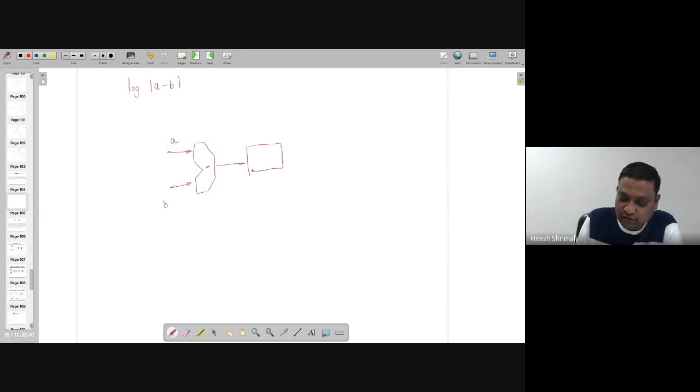Then I'm going to use a module that takes the modulus of whatever a minus b is coming, and afterward I'm going to take the log of whatever I got, and then there is an output which is log mod of a minus b. Note that when I'm doing this, the whole thing will take the propagation delay of all these blocks, right?